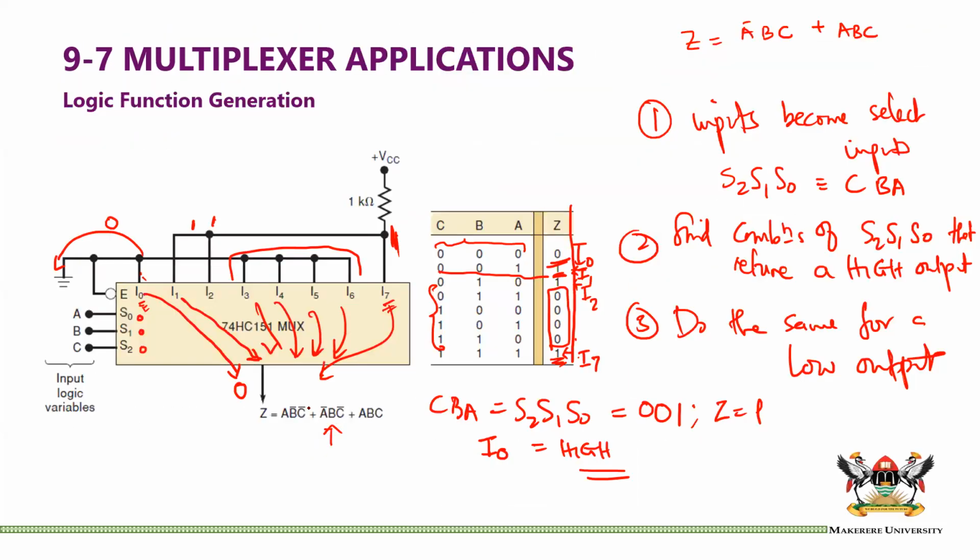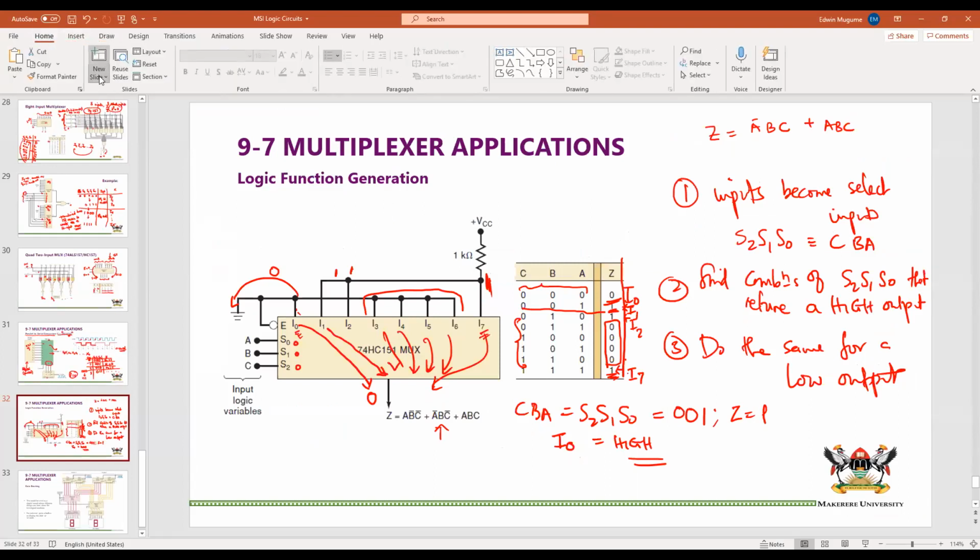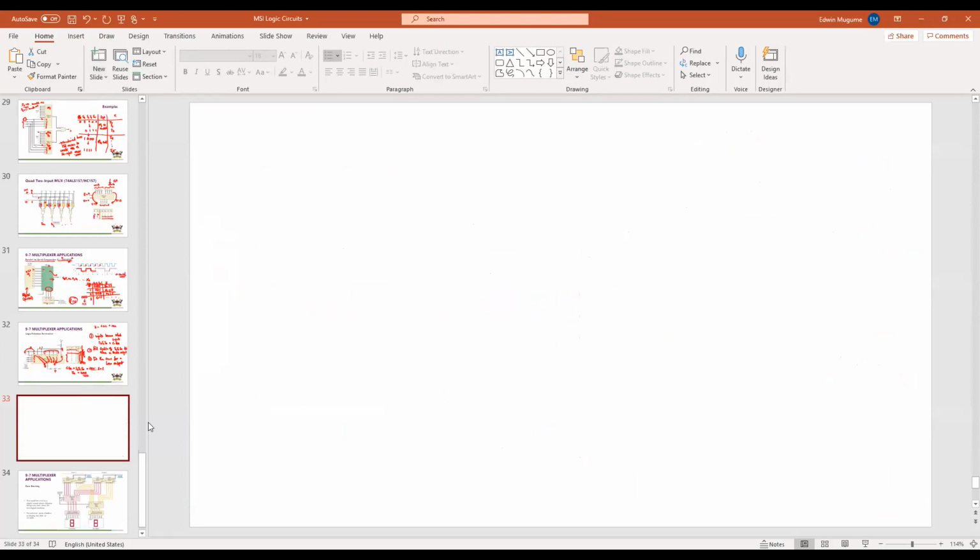Let's see. What if I had Z equal to, okay, I'll have S2, S1, S0, which is like CBA, really.